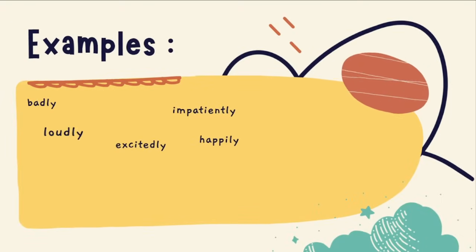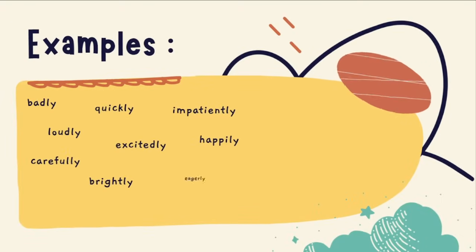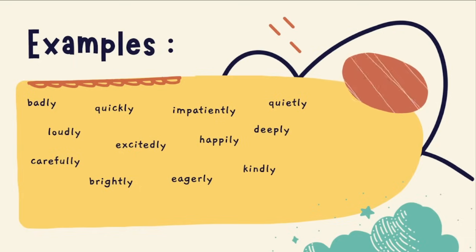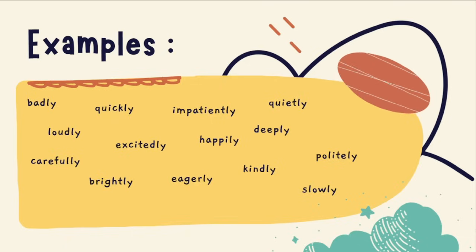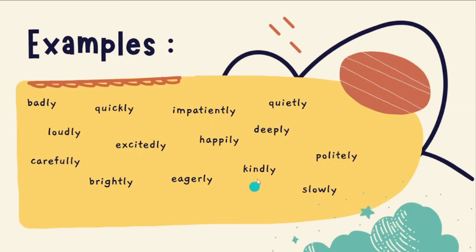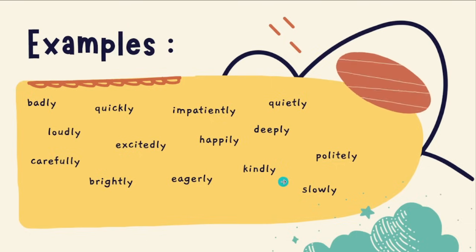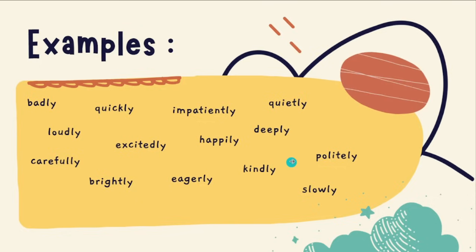So here are example words for an adverb of manner. We have badly, quickly, loudly, carefully, brightly, excitedly, impatiently, happily, eagerly, quietly, deeply, kindly, slowly, and politely.